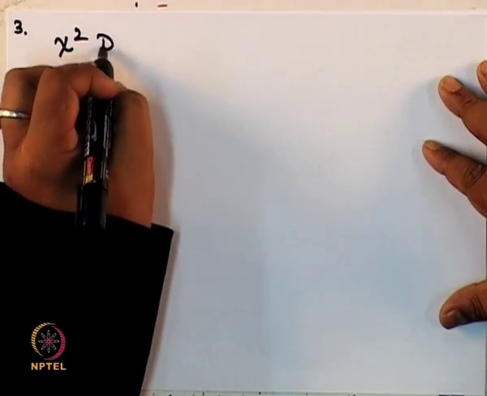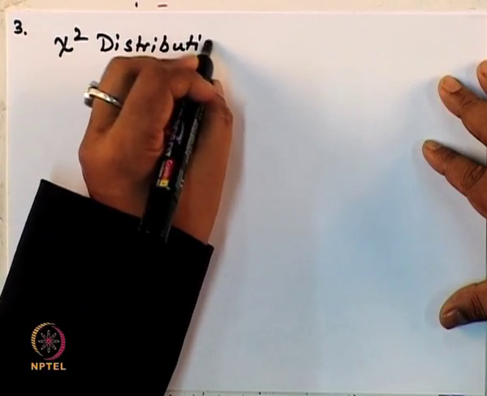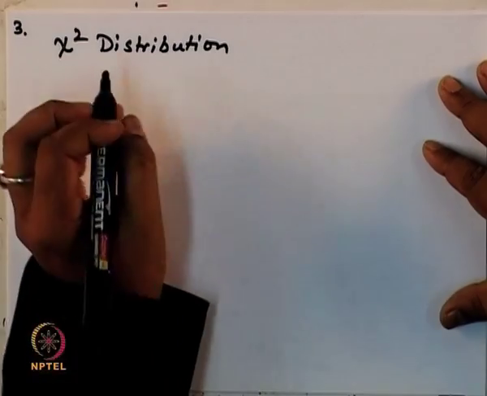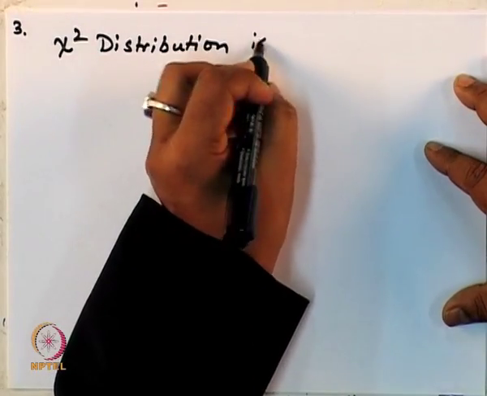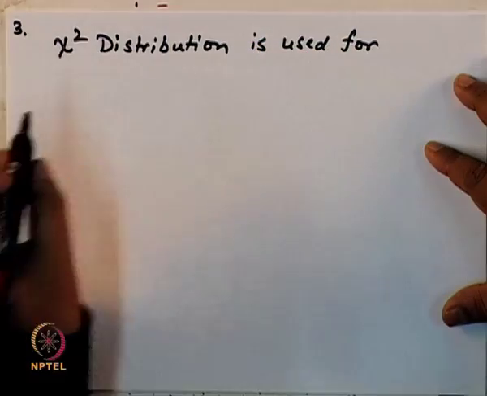The chi-square distribution is used for estimating population variance.